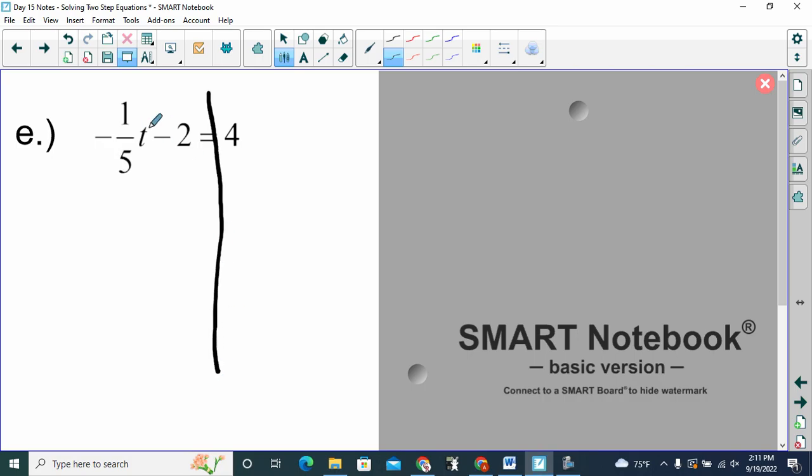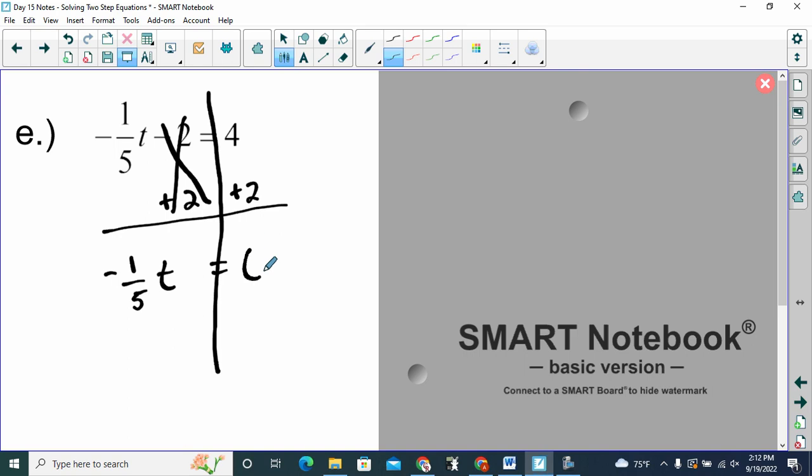So hopefully we're in the habit of seeing I've got multiplication and then subtraction, so I need to undo this subtraction. I can undo minus 2 by adding 2 to both sides. Minus 2 plus 2, I can cancel those. This negative 1/5 t can come down. And 4 plus 2 gives me 6.